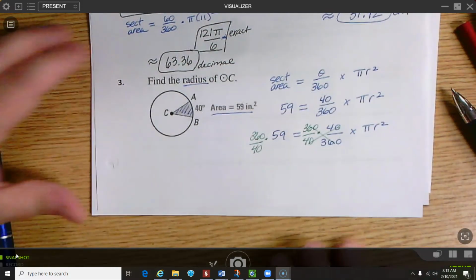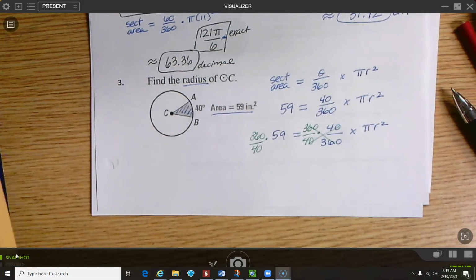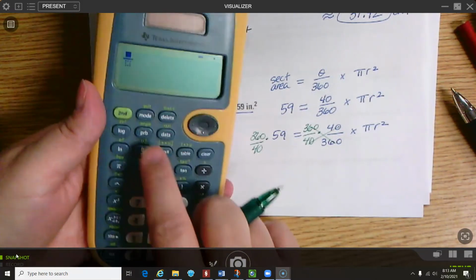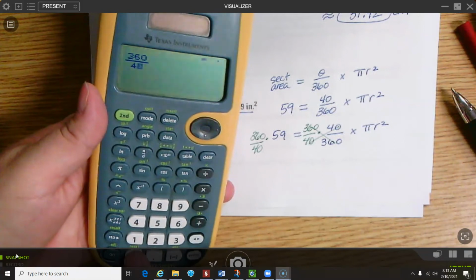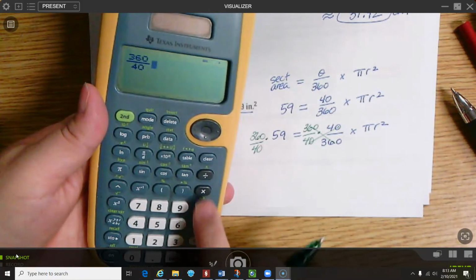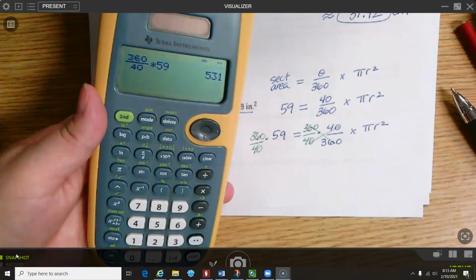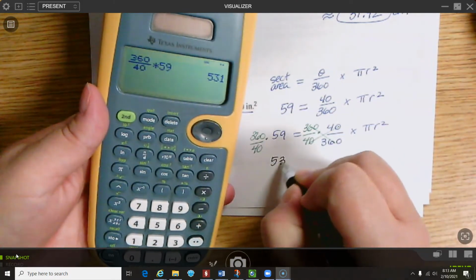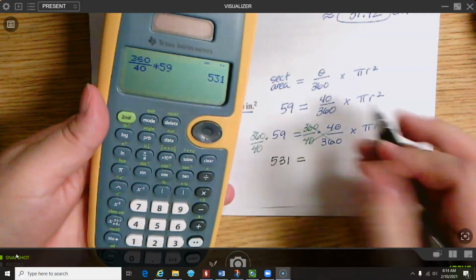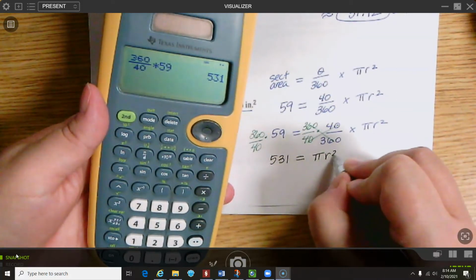And what that does is it cancels that. So on the left here, I have 360 over 40, which, by the way, is 9, times 59. That gives me 531. So on the left, I have 531 equals, and over here, I just have pi r squared.